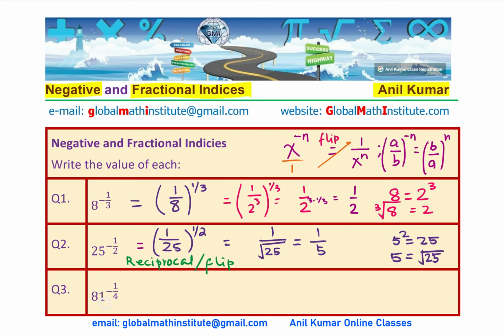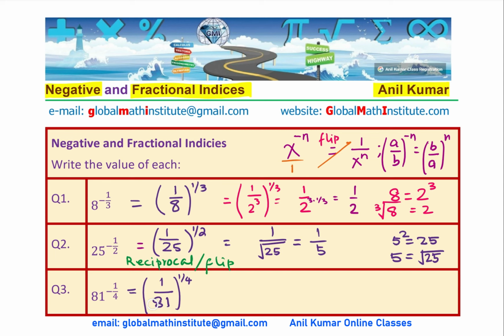Okay, 81 to the power of minus 1 over 4. Now, how do you relate 81? 81 is 9 squared, and 9 is 3 squared. That is the connection. The first step is to do the reciprocal, so 81 to the power of minus 1 over 4 will be written as 1 over 81 to the power of 1 over 4. Now 1 to the power of anything is 1, which is why we are not changing that.